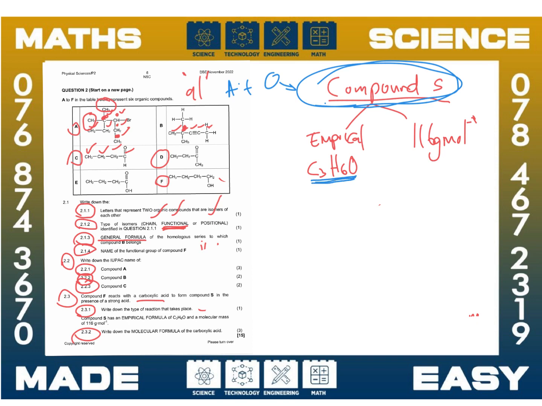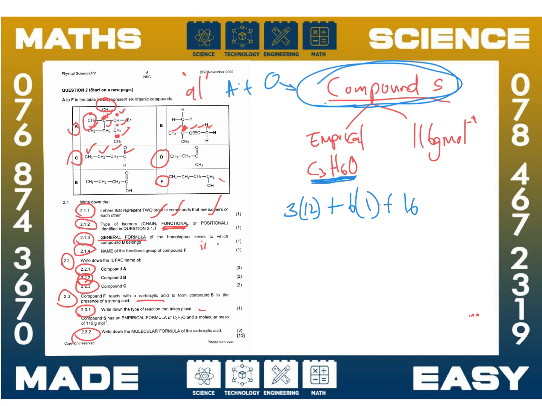To do that, we find the molar mass of the empirical formula using the periodic table. We have 3 carbons, and on the periodic table carbon is 12, plus 6 hydrogens, each with molar mass 1, plus oxygen which is 16.